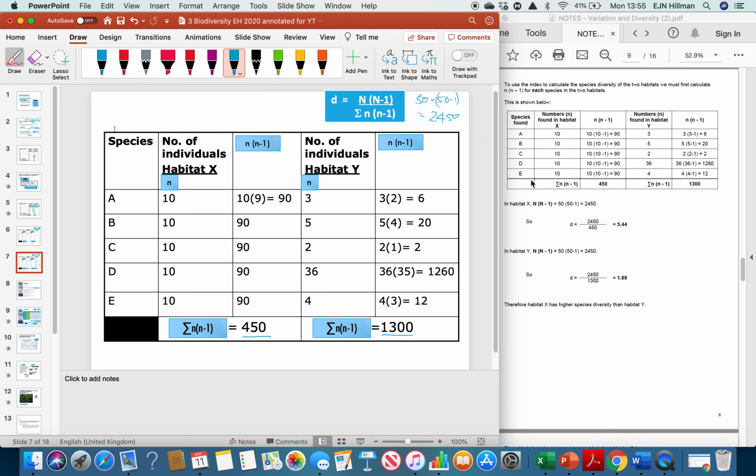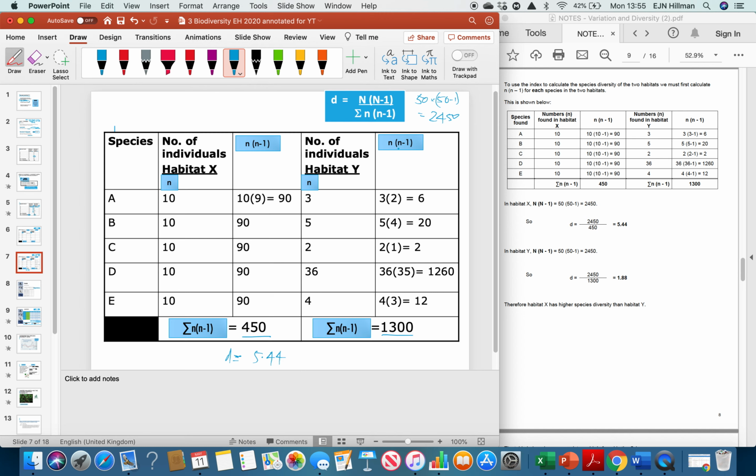Okay, 2450 divided by 450 gives us a value for the index of diversity in habitat X of 5.44.